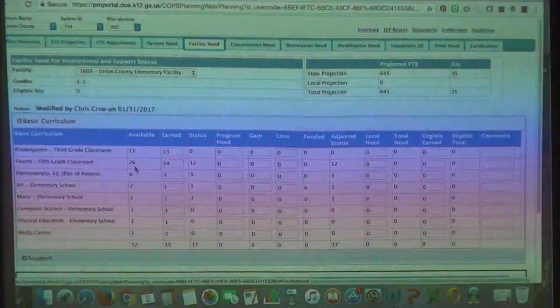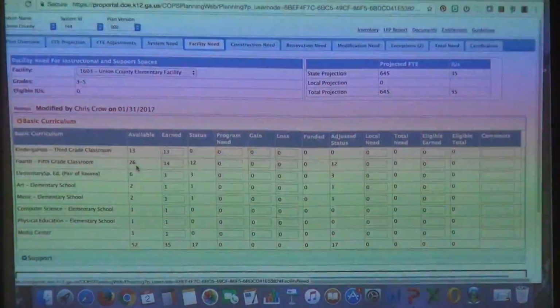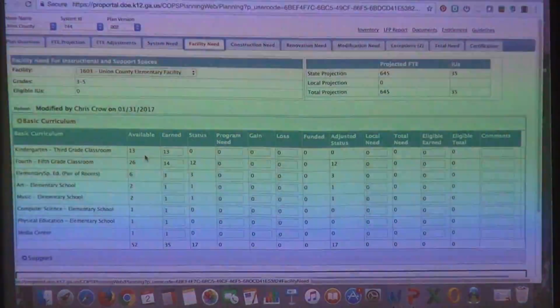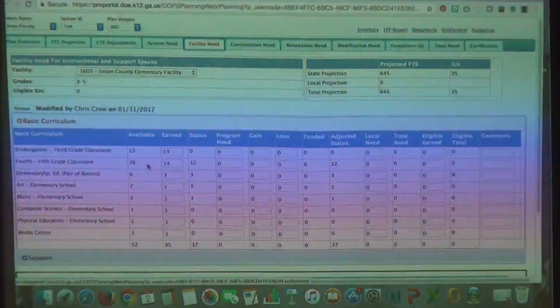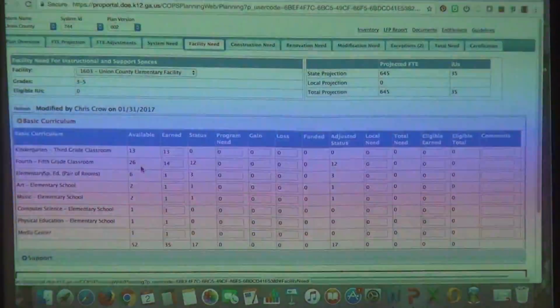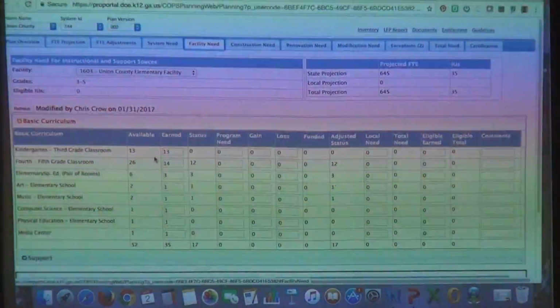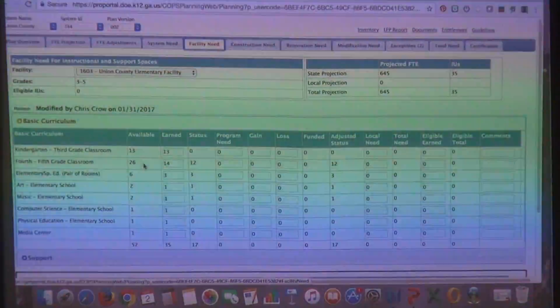And the other 26 are considered 4th and 5th grade classrooms that are less than 750. Now, we may have borrowed some of these to go up here. No, I don't think so. But that's where those numbers come from. You have 13 that are 750 square feet, and 26 that are less than that.